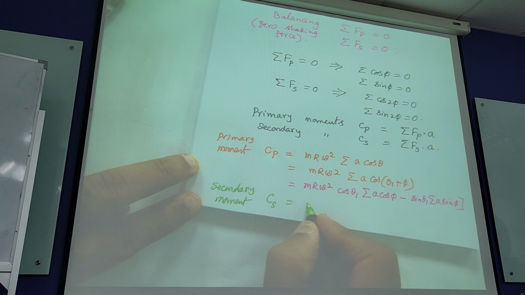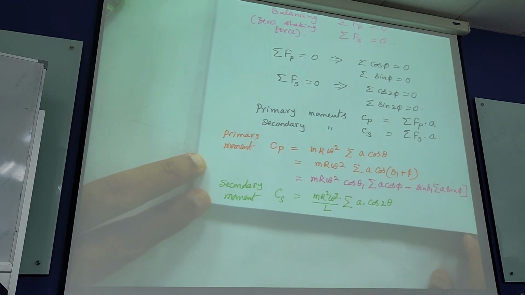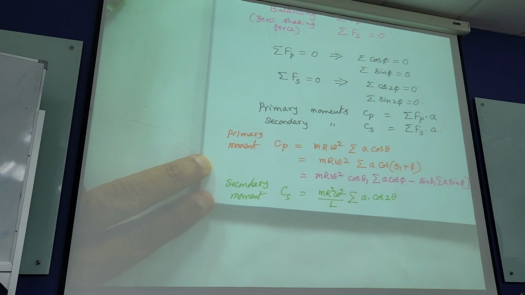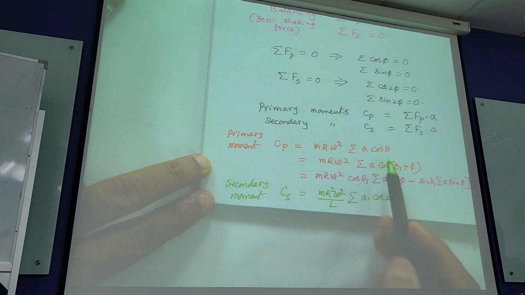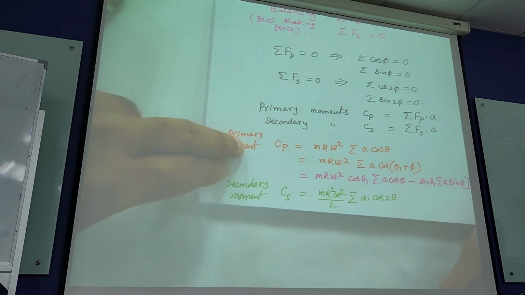We can write m r square omega square over L, summation A cosine 2 theta. Instead of cos theta, we have A cosine 2 theta. We can expand this in the same way.